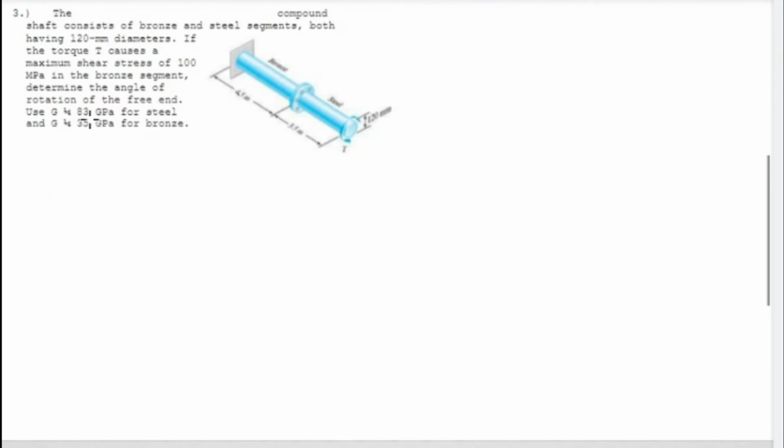Use G, which is equal to 83 gigapascal for steel, and G, which is equal to 35 gigapascal for bronze. So we have here the bronze, and the length is 4.5 meters, and for steel, which is 3.5 meters, and we have the diameter of 120 millimeter, and we need to find the torque T at the end of the shaft given.